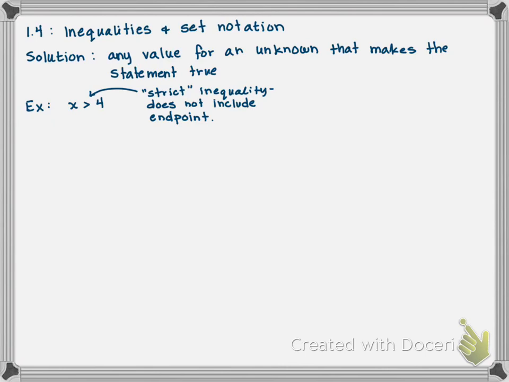And the way we do that in terms of the inequality is based on which symbol we use, right? So this is an inclusive inequality, which, as the name implies, does include the endpoint.